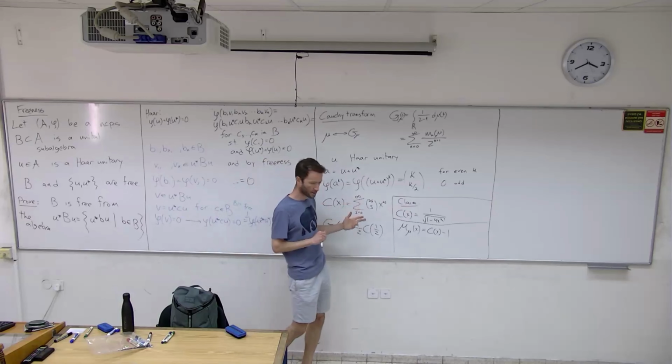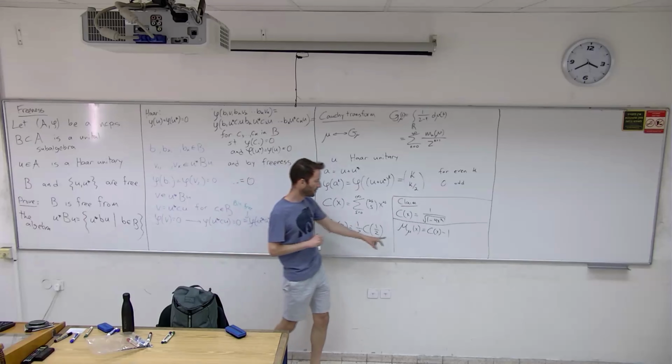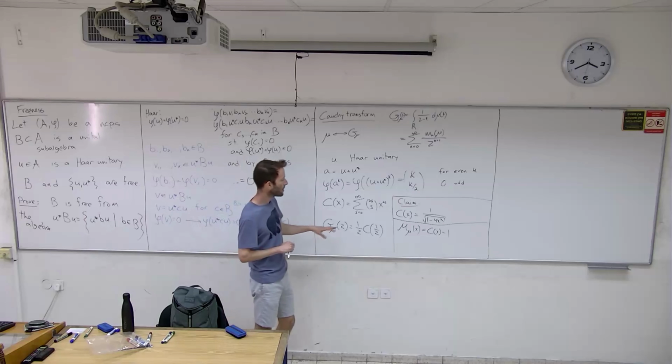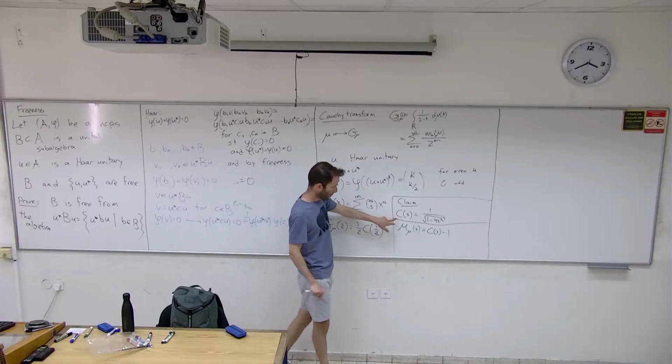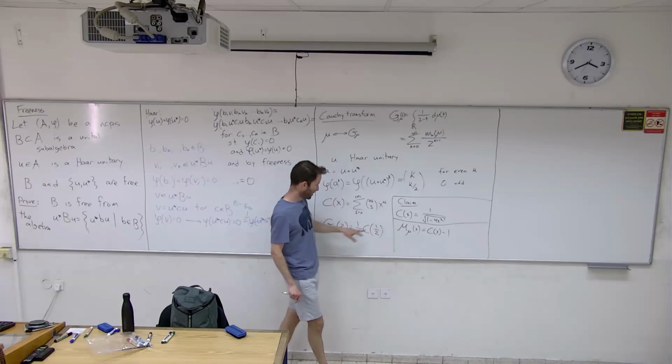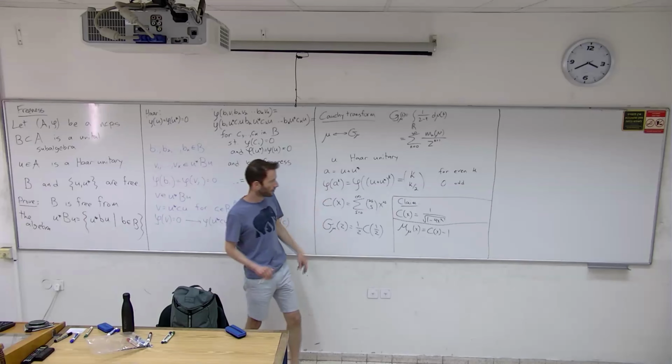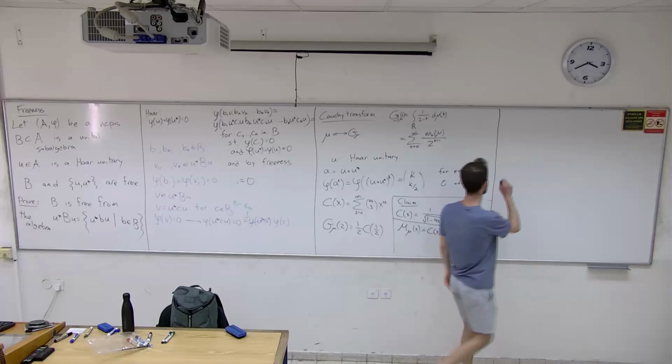The zero moment of every distribution is 1. But anyway, what we'll do now is from this get the Cauchy transform and then use it to get mu. So let's see how this is done.